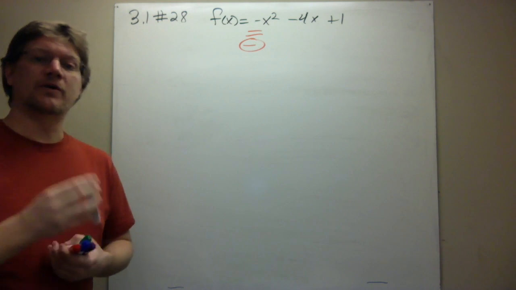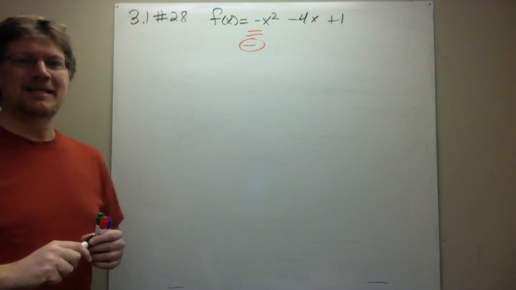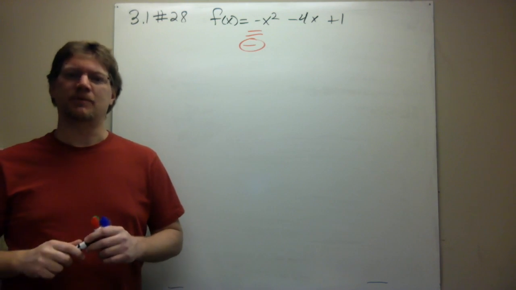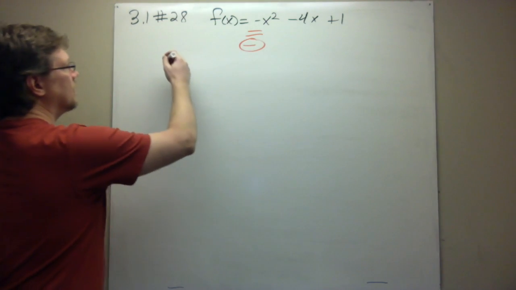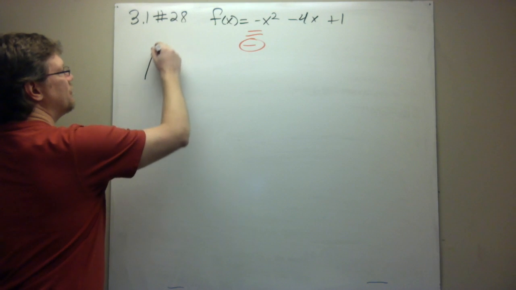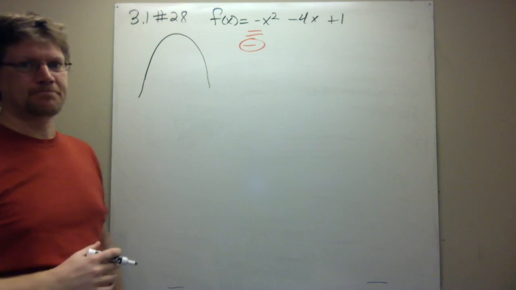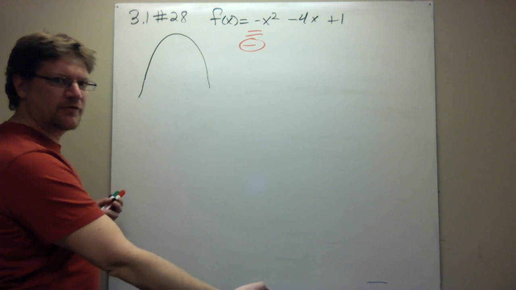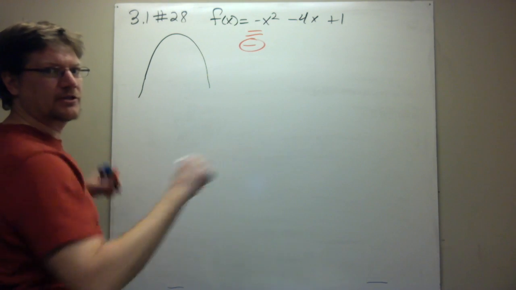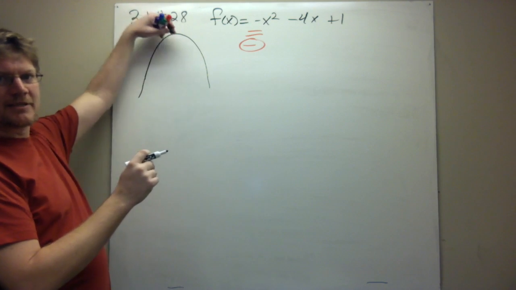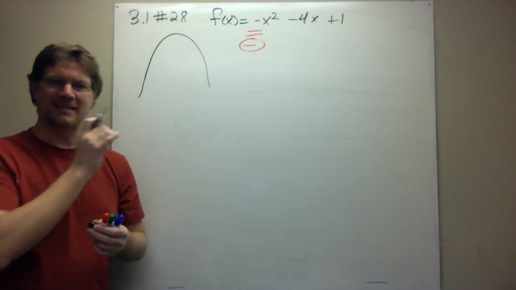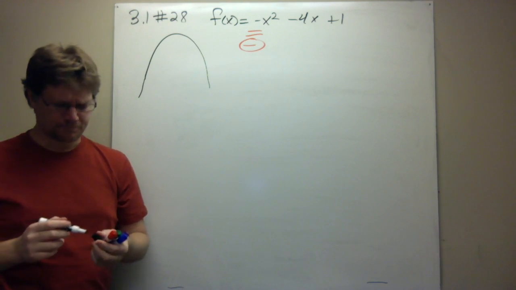If it's a quadratic opening downwards, that means that this thing has a maximum somewhere. It goes off to negative infinity on both the positive and the negative side. But it has a maximum somewhere. So that's our vertex. We need to figure out what that is.